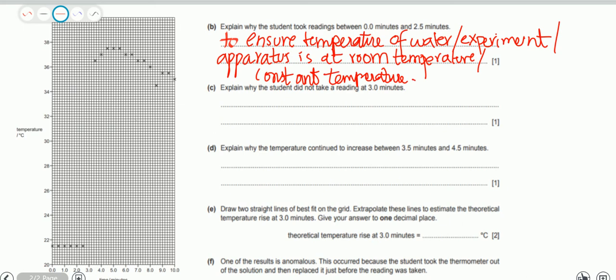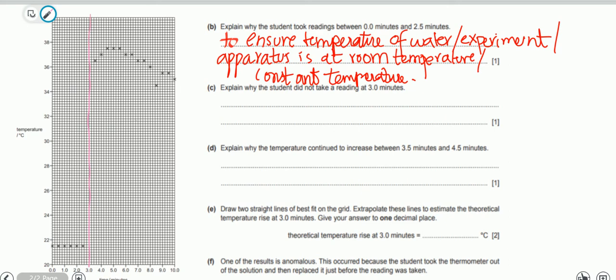Okay. Now part C is: explain why the student did not take a reading at 3 minutes. They're asking why we don't have a reading at 3 minutes. If we take this line up, we see that at 3 minutes we don't have any cross.